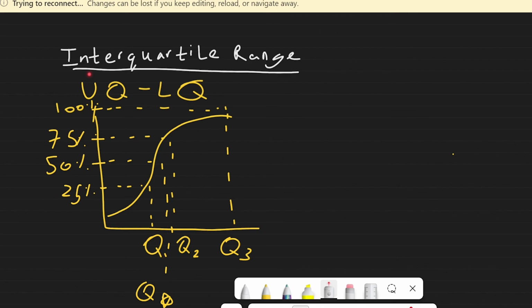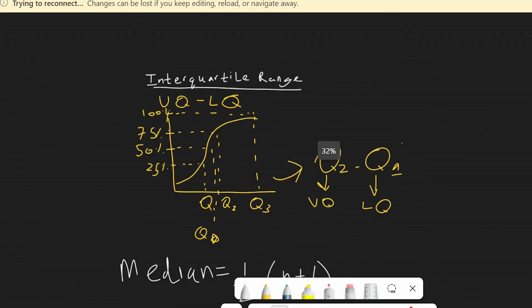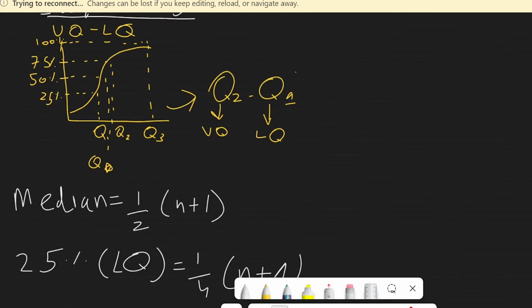In this graph we can see that the interquartile range can be represented by Q2 minus Q1. Q2 is the upper quartile, and Q1 is the lower quartile. So that is what interquartile range essentially means.